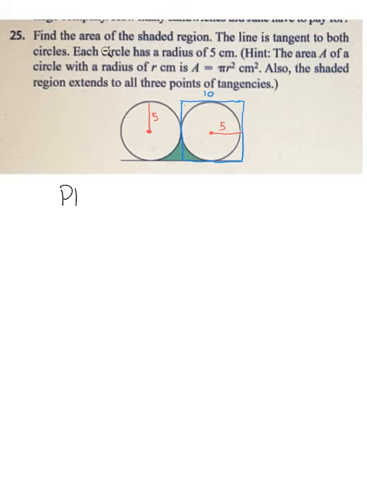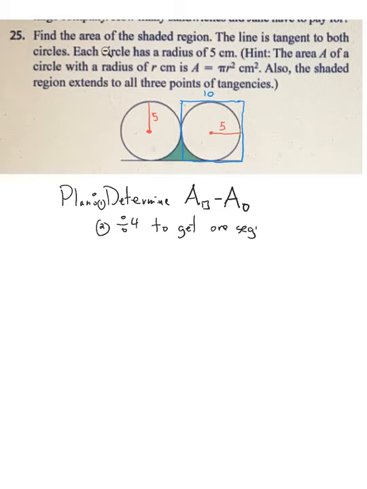So the plan is going to be: determine, and I'll use some notation like this, the area of the square minus the area of the circle. So that's step 1. Step 2 is going to be divide by 4 to get the area of that one segment there.